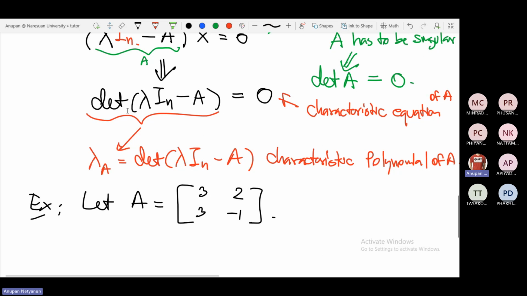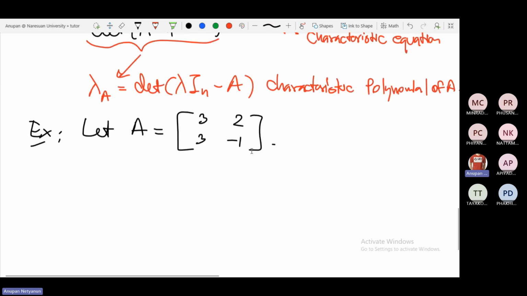To talk about determinant, you need a square matrix. This has to be square and you have subtraction, so this has to be square too, and the result is going to be a square matrix.